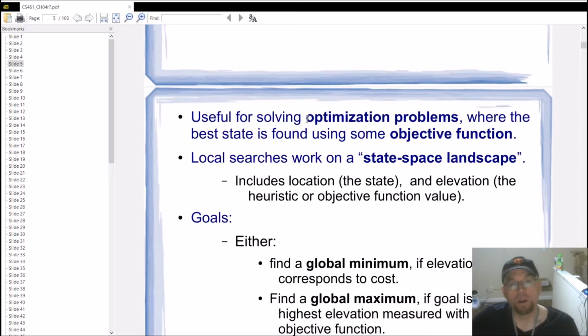So this is basically describing how we can solve optimization problems. We want the perfect organization of items on the factory floor. We want the perfect organization of circuits on a chip.